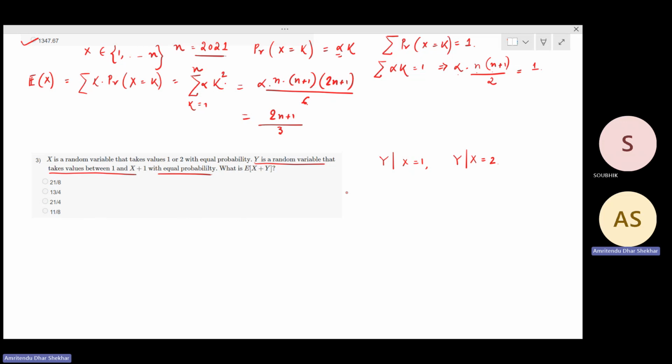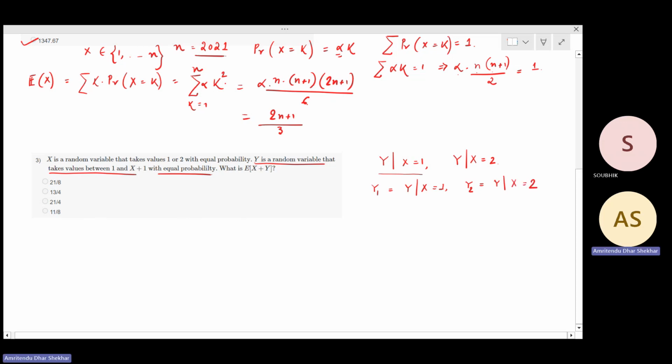Now the first conditional distribution says that, let's call them two random variables. Let's call them y1 and y2. So y1 is y given x equals 1, and y2 is y given x equals 2.